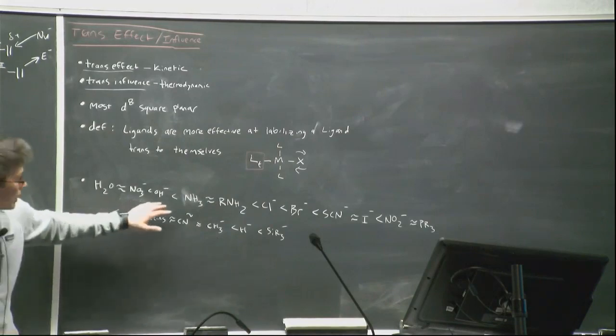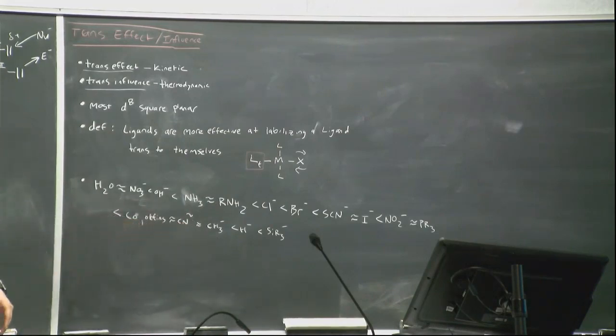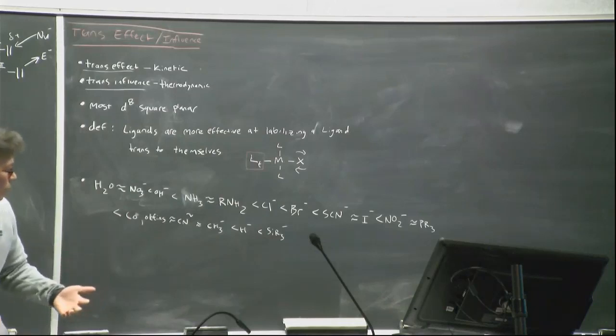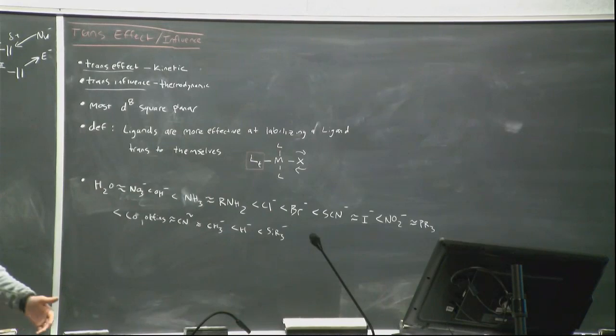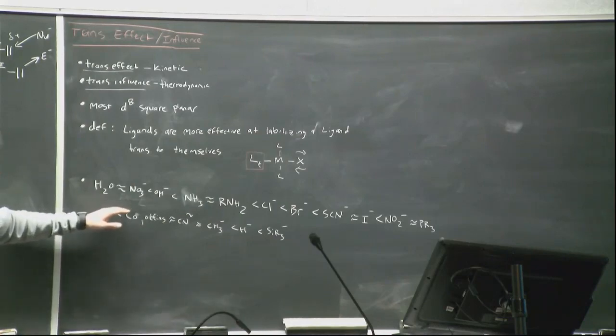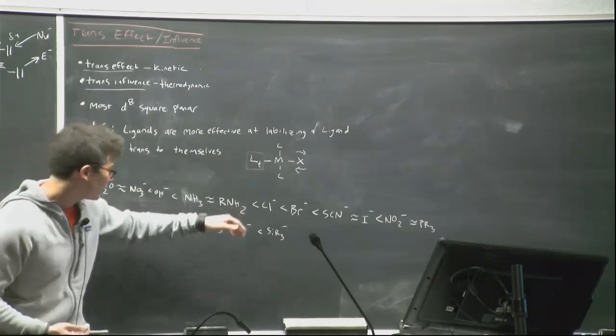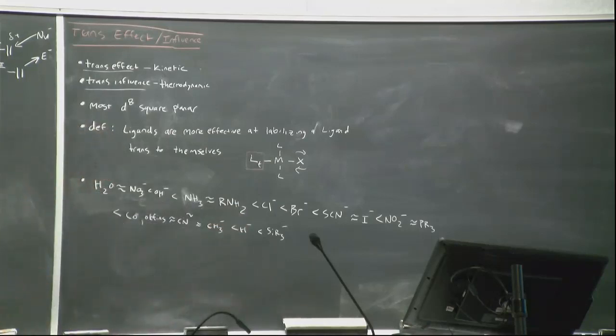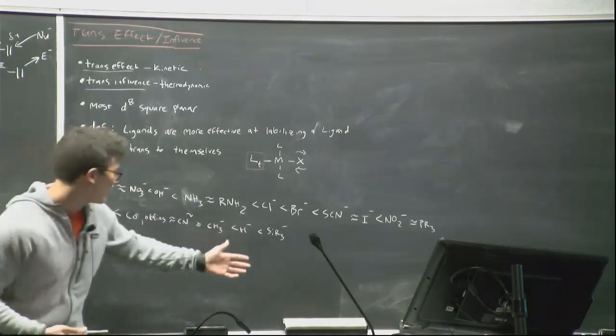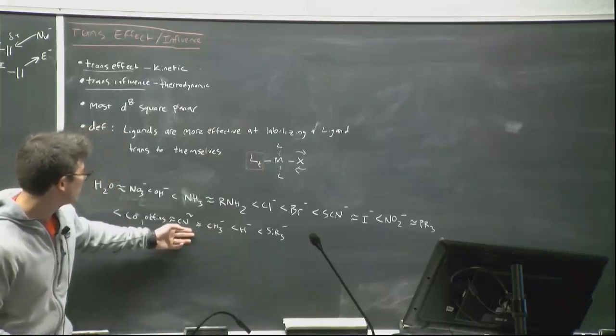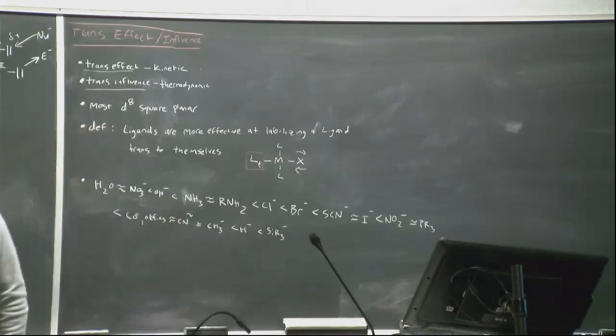And then some of the weaker trans effect ligands are those that are somewhat weaker sigma donors and or pi donors as well. On an exam, we probably wouldn't ask you to distinguish between things that are very close, like ammonia versus a primary or secondary amine. But if you're asked to distinguish between cyanide and OH, we'd expect you to be able to do that.